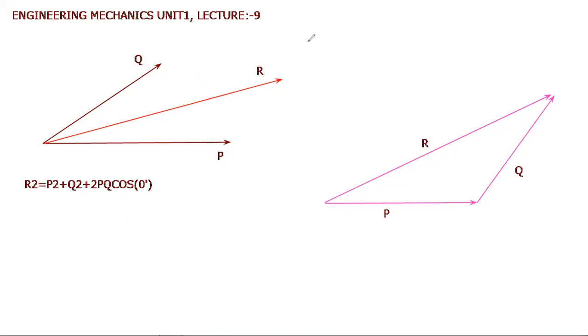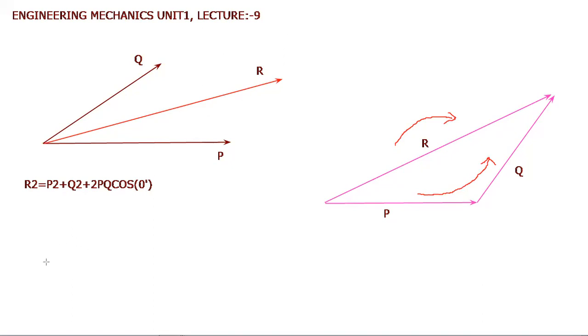Here two forces are in anti-clockwise direction, but the third force, that is R, is in clockwise direction, so opposite to the direction of P and Q. So this is nothing but the triangle law.